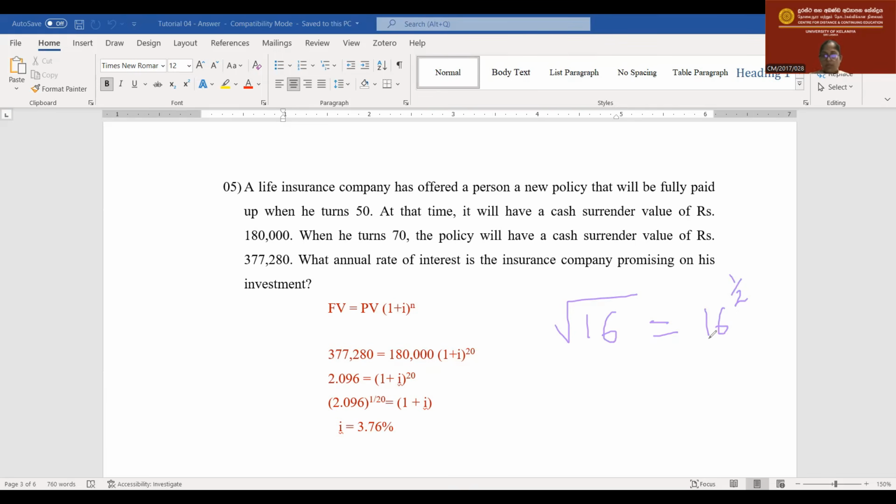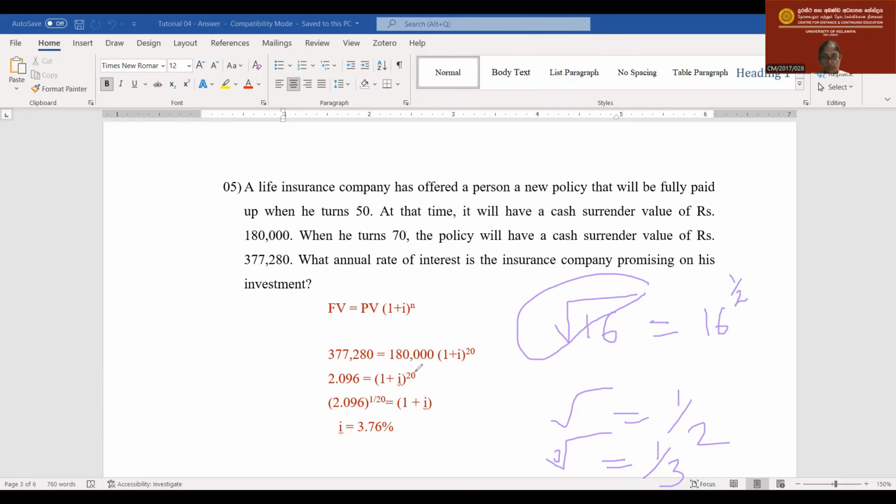The square root indicates the half; if the root is a third, it's 1/3. Likewise, take the calculator and use the hat sign: 16 hat, then press half, I mean 0.5 or 1 over 2. We can obtain 4.